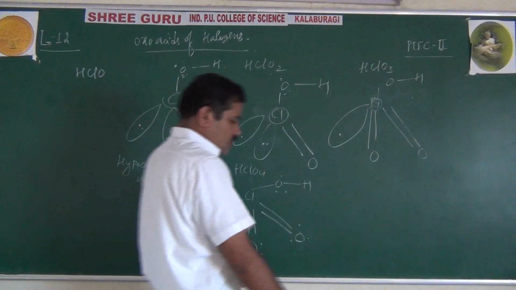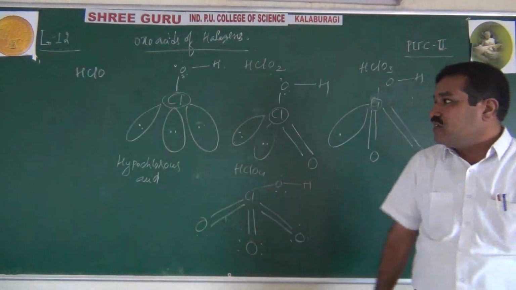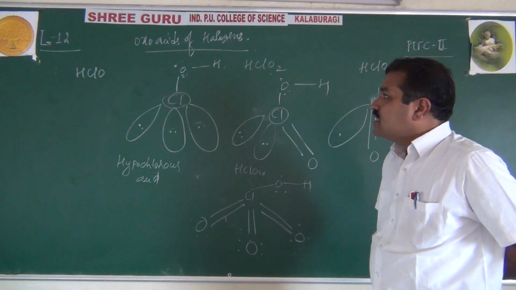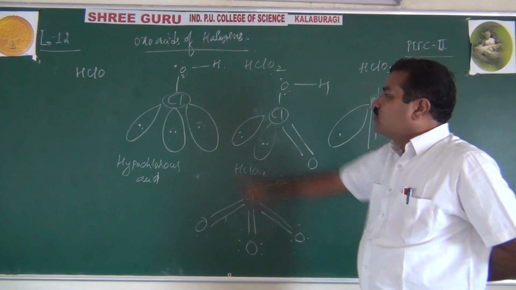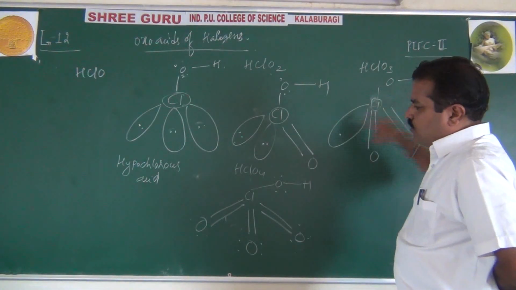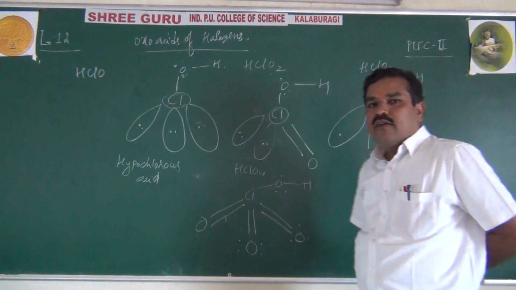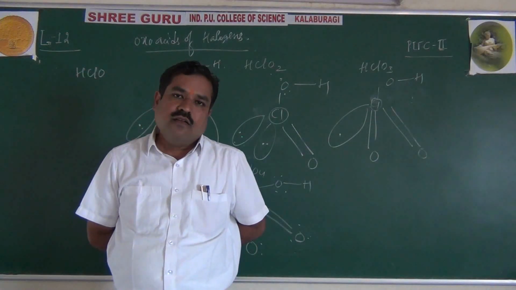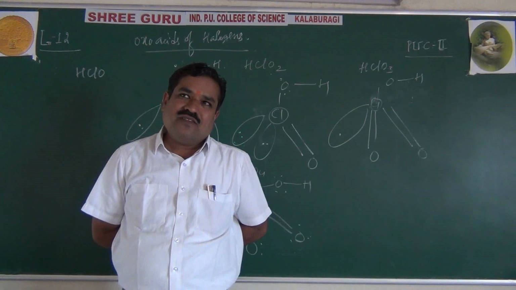These are the structures of oxoacids of chlorine. Hypochlorous acid, chlorous acid, chloric acid, perchloric acid. Very, very important for 1 mark questions and for theory purposes. Right? This is all about oxoacids of chlorine.